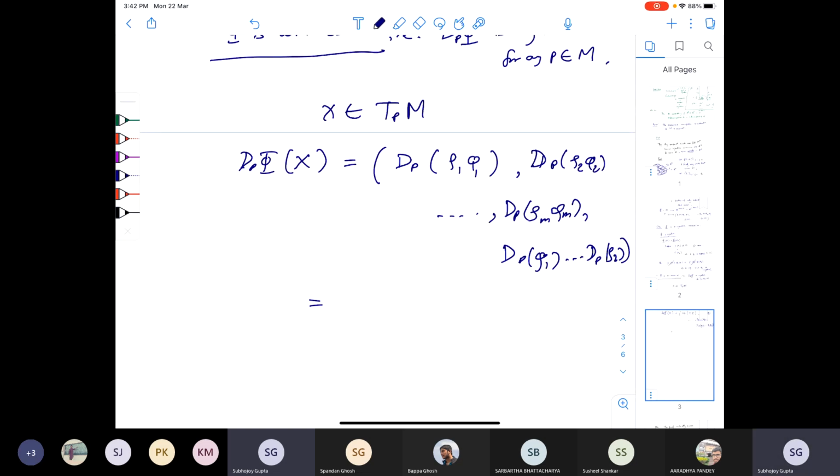So you can put together the total derivative. Well, this applied to x, right? So I'm already applying it to x.